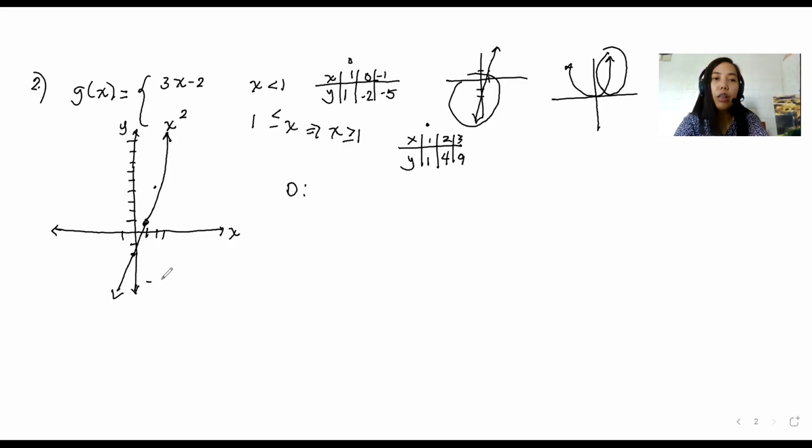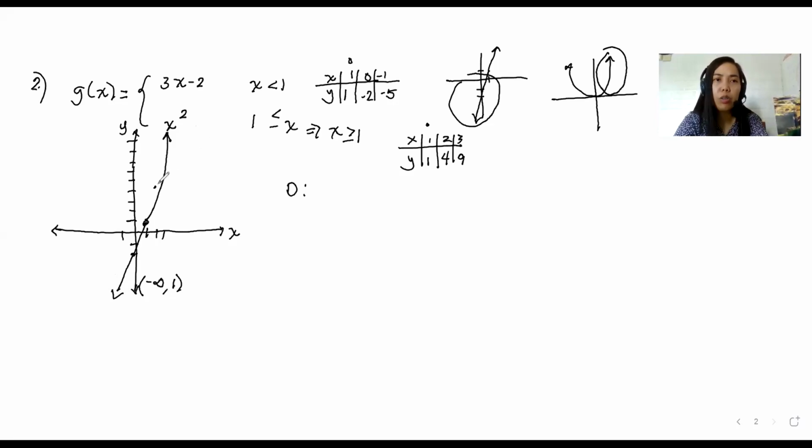Negative infinity up to 1. Ang pinakamalaking value na meron tayo sa line ay 1. Okay, and it's open to 1. So the domain of the first equation is negative infinity to 1.